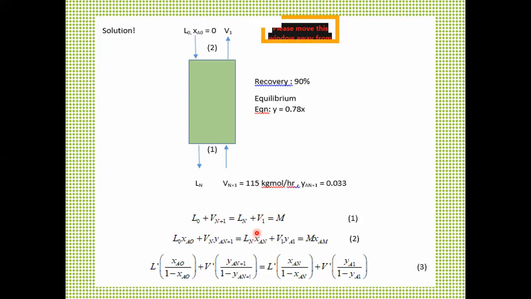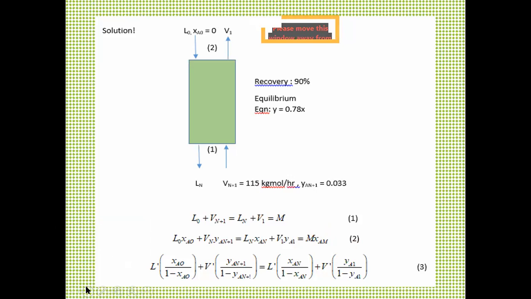That's the overall material balance, and that would represent our bulk phase M. From this overall material balance, we write down our component balance. And from here, we can write right away the alternative component balance using the inert streams L prime and V prime, and together with these two, the mole ratio rather than the mole fraction. Still balancing based on component A, just like what you have here in equation 2.